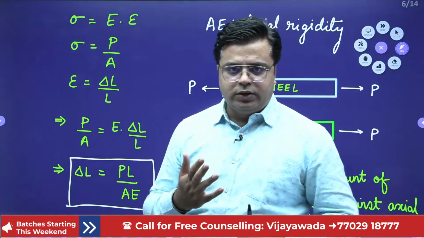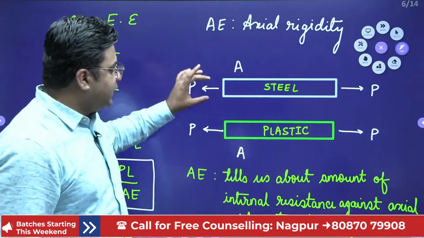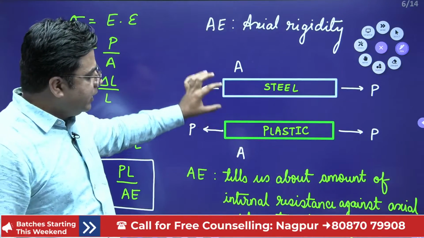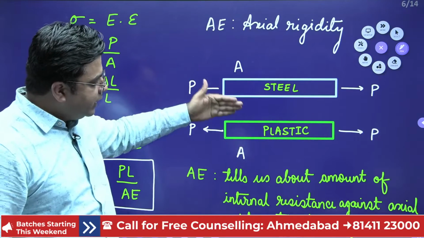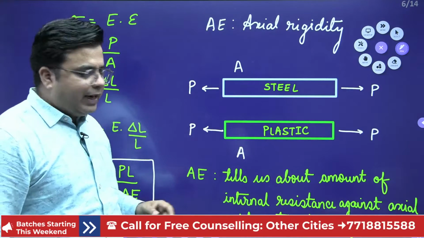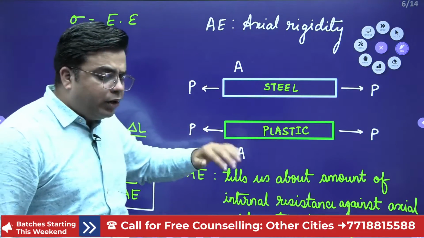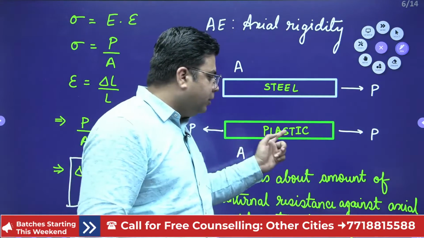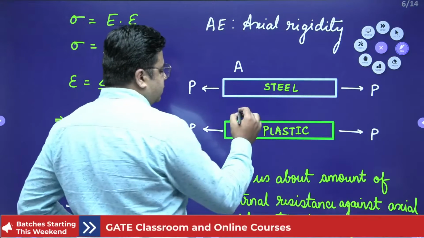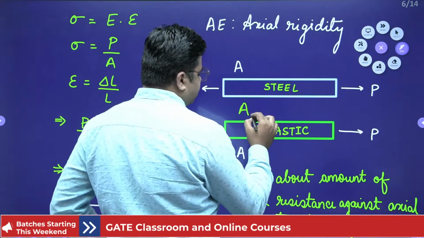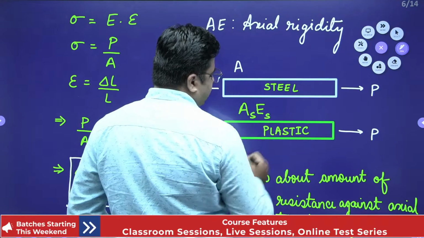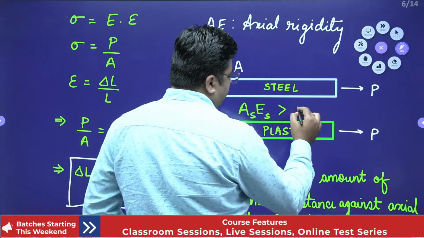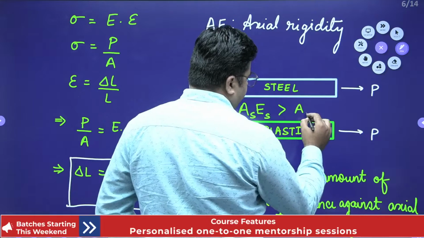In the example of a steel bar and a plastic bar, axial rigidity AE for the steel bar will be more than that of the plastic bar. That's why the steel bar is more difficult to deform. So I'll write: axial rigidity of steel will be more than axial rigidity of plastic.